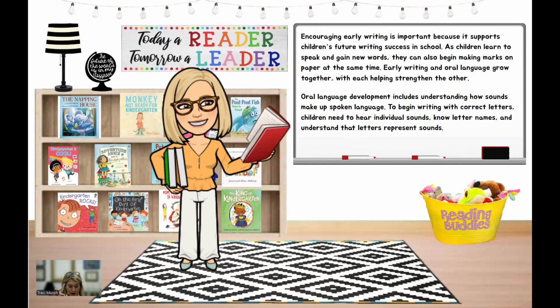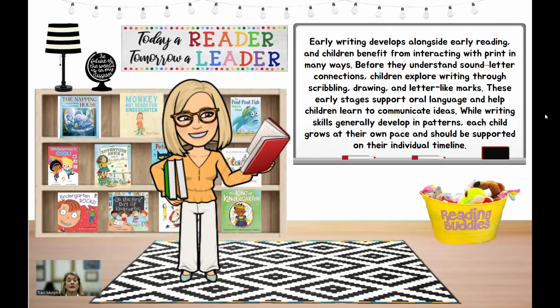For children to begin writing with accurate letter representation, they have to have three things: phonemic awareness, which means they recognize individual sounds. Second, alphabet knowledge of letter names. And the third thing is the alphabetic principle, meaning an awareness that letters can represent those sounds.